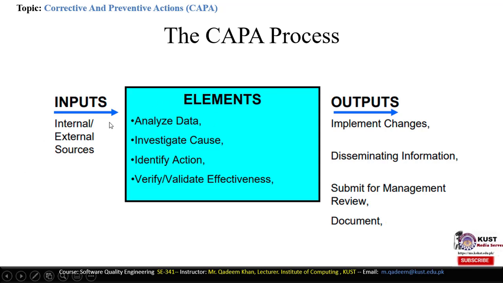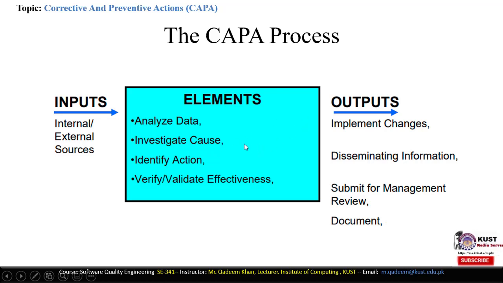So here the data is first of all obtained and analyzed, then we investigate the cause of the problem. Then we identify the actions that will be required to resolve the problem. Then verify or validate the effectiveness of the actions that have been implemented.